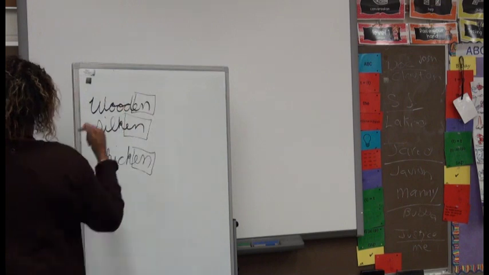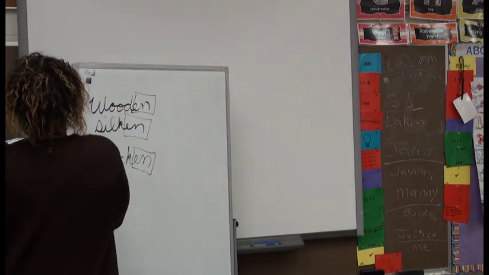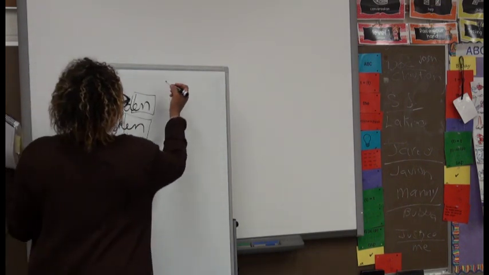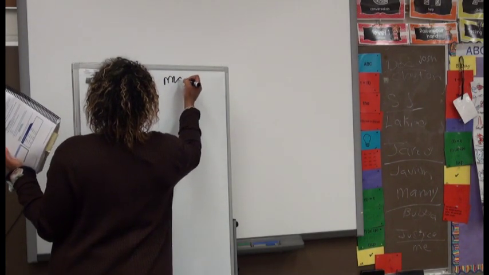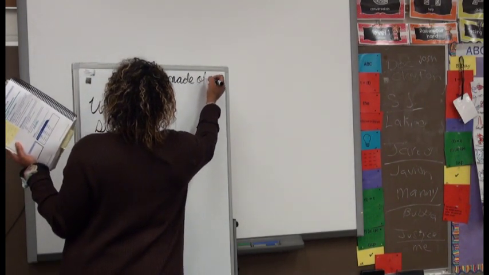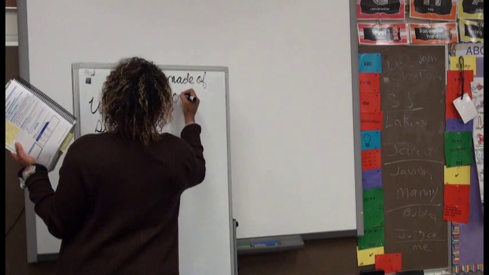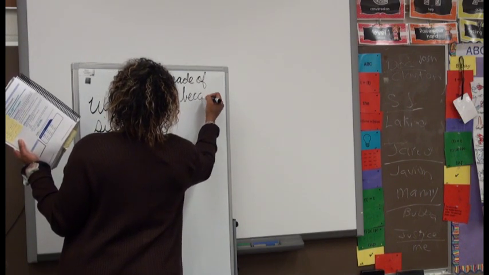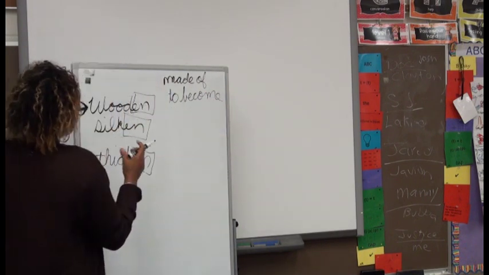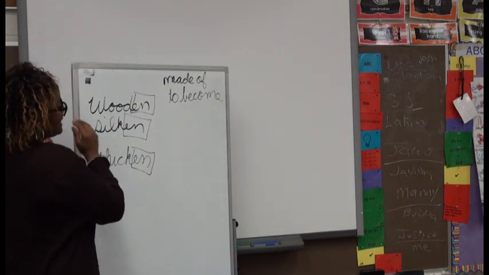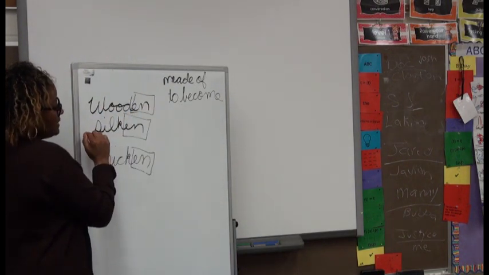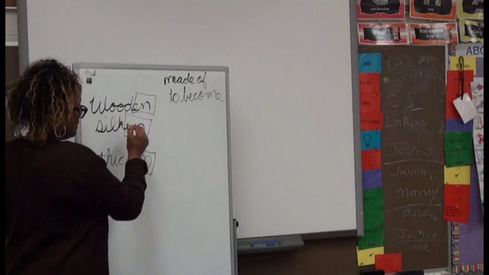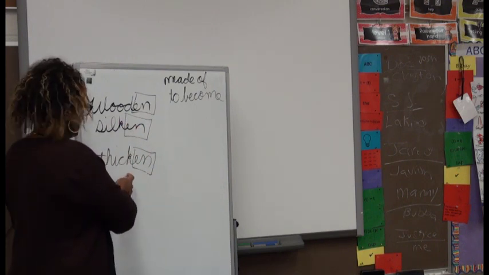And EN means to either be made of or to become. So wooden is made of wood, silken is made of silk, thicken is becoming thick.